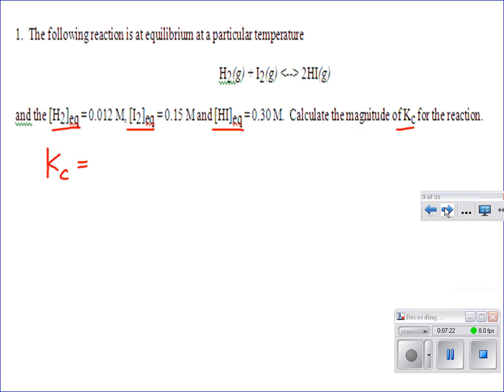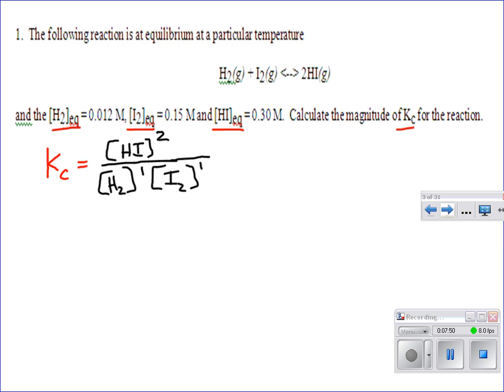So now, knowing that these are all gases, we're doing Kc, so Kc is concentration. We have the concentration of HI. What do I do to that? Raise it to the coefficient in the balanced equation. Divided by the concentration of H2 raised to the first, divided by the concentration of I2 raised to the first.